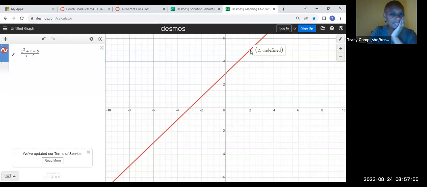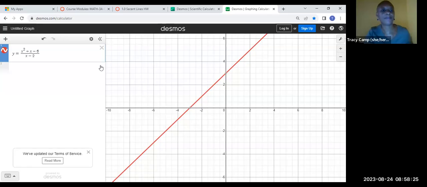The graphing calculator doesn't show you because there are so many points, an infinite number of points on this line, right? The other points are just kind of crowding it out. But there is a hole right there where the slope is undefined.